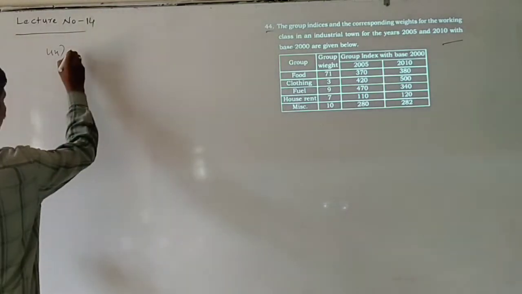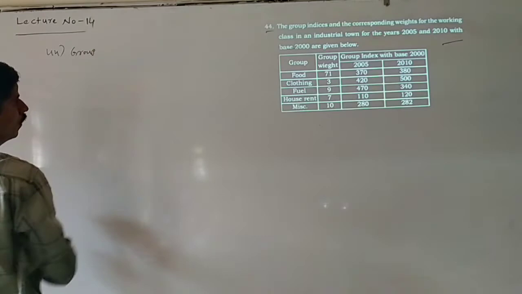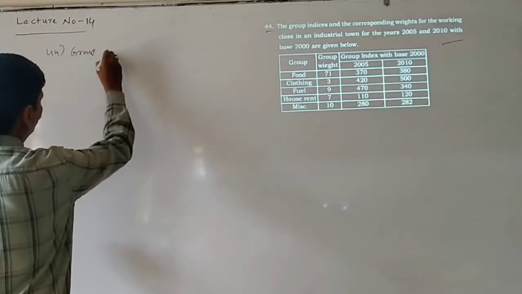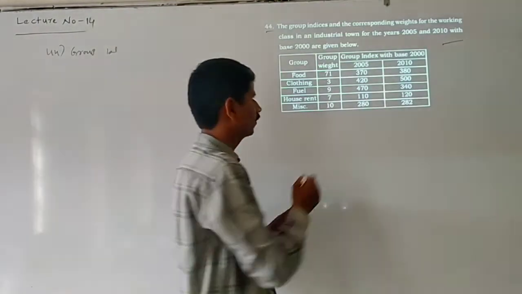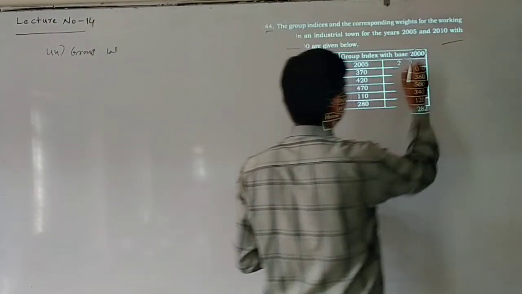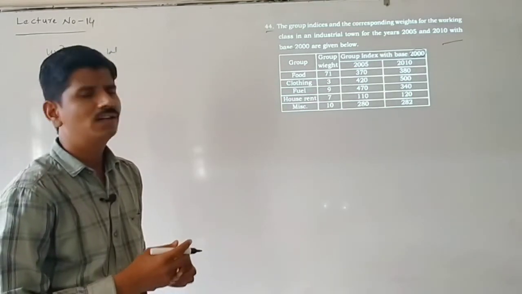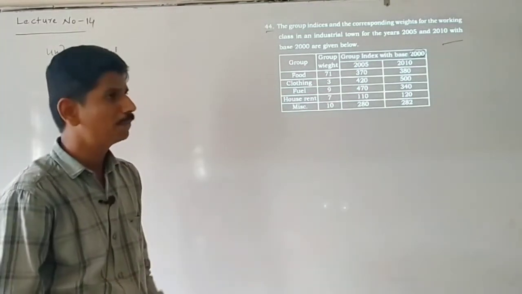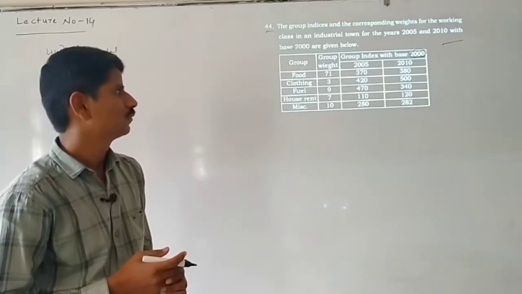First you have to write the group. Group weight is denoted by W. Group index with the base 2000. Here 2000 is the base year, and 2005 and 2010 are the two current years.